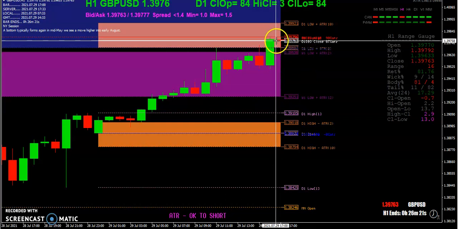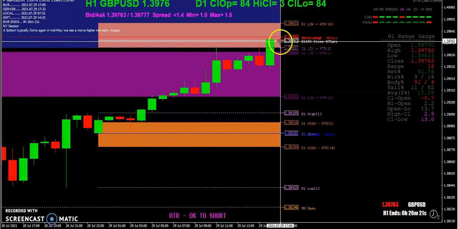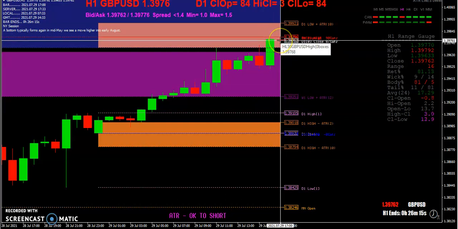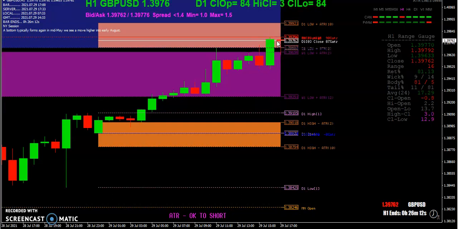No, that's not right. What's the open of this? Okay, the open was 77, the low was 63. So there was a potential to grab 12, 13 pips off of that range. So that's another way to analyze charts.